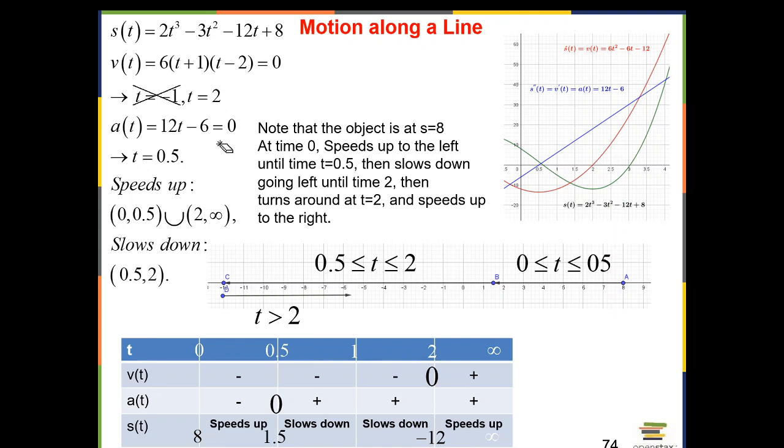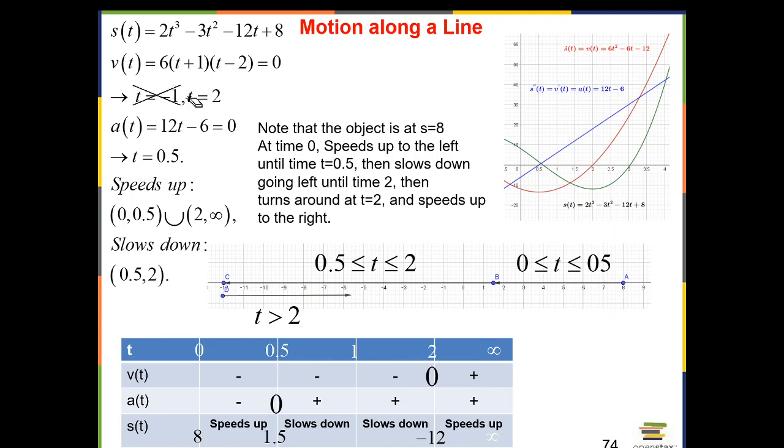So the way we do it, we're going to find out when velocity is 0. So we just set it equal to 0. We're going to do the factoring and find the zeros. And do the same thing for acceleration, find the zeros.